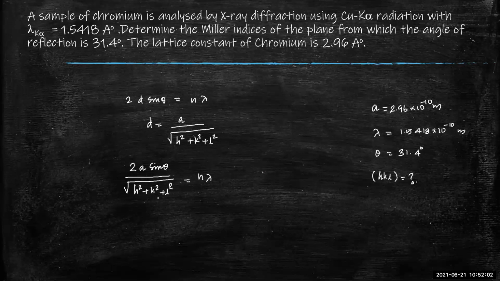Then the value of root of h square plus k square plus l square must be equal to 2a sine theta divided by n lambda.